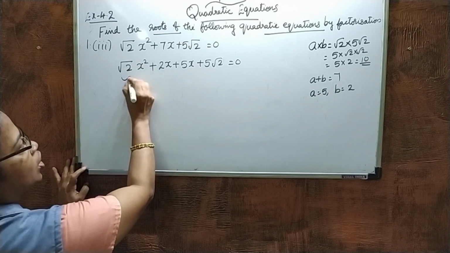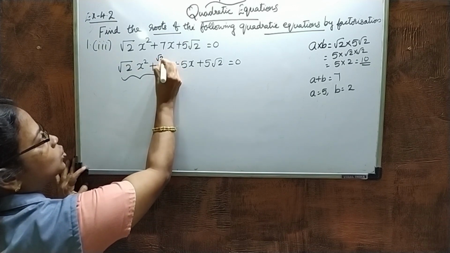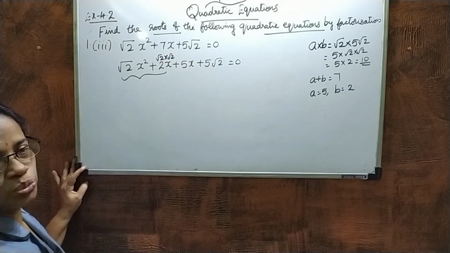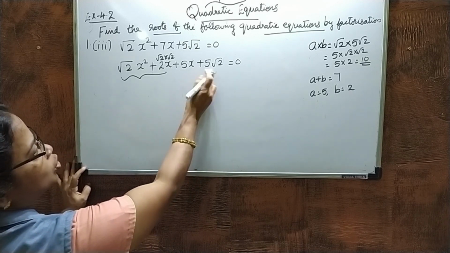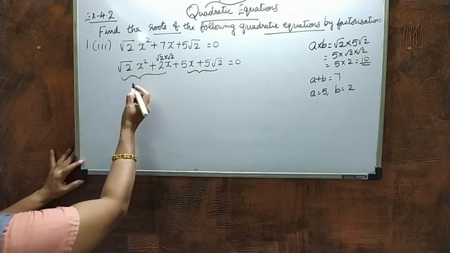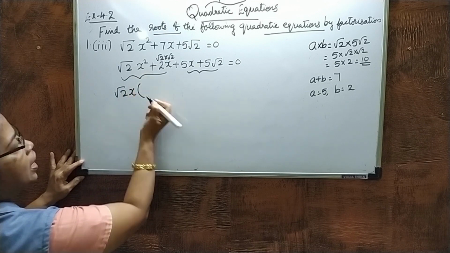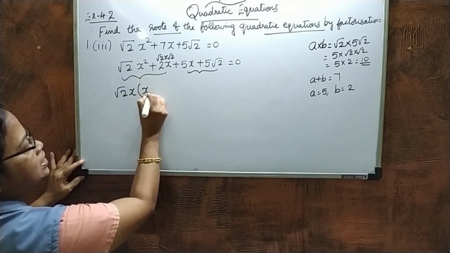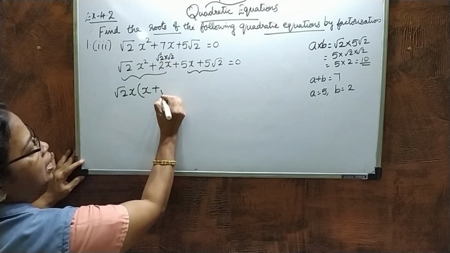Now you have to take the common. What will you do? 2 can be written as root 2 into root 2. And then here 5 is common for both of them. Here only root 2 we will take. So which one is common? Here root 2 x is common, and balance here is 1 x, plus here root 2 already taken, balance is 1 root 2.